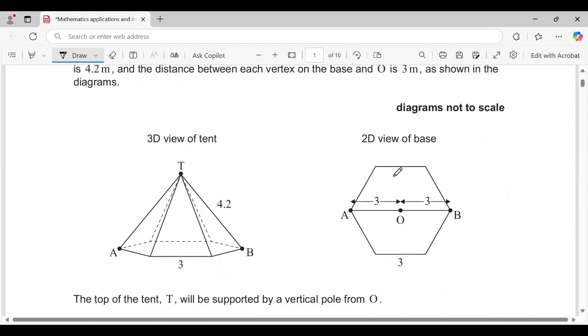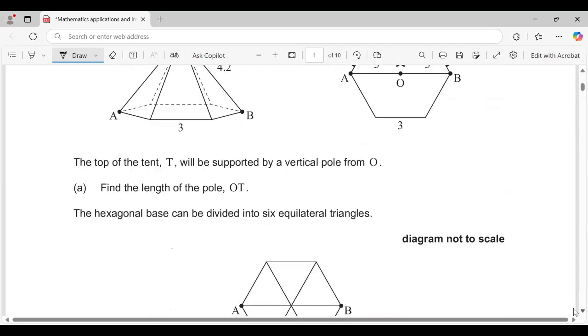This is the base, and this is the tent. The top of the tent T will be supported by a vertical pole from O. Find the length of the pole OT.